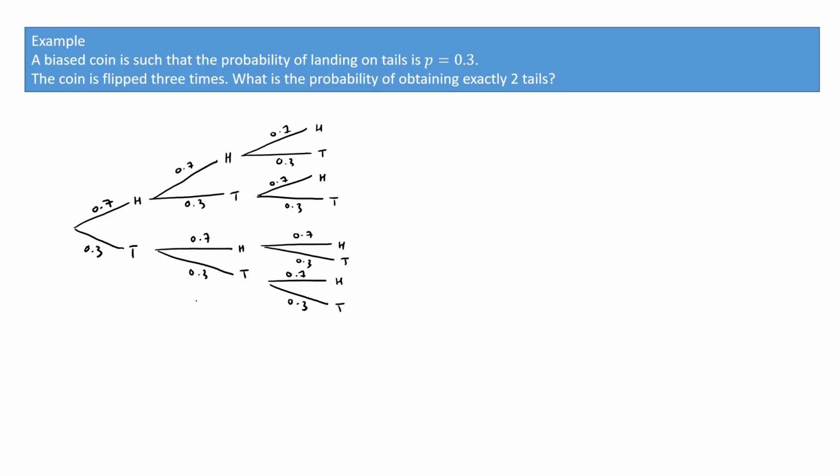Now in the question, we're asked to find the probability of obtaining exactly 2 tails. Now this term exactly is important. It means it has to be 2 tails. It can't be 3. So looking at the far right-hand side of this tree diagram, we need to look at all the possible outcomes of this experiment in which there are exactly 2 tails. So with just walking along the branches, we can figure that out, going from left to right.